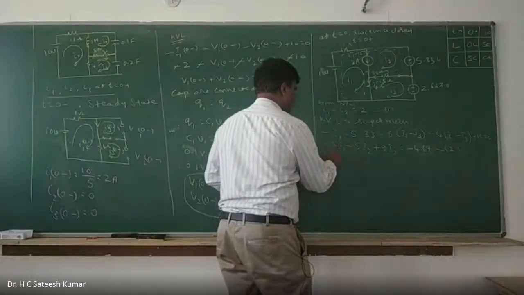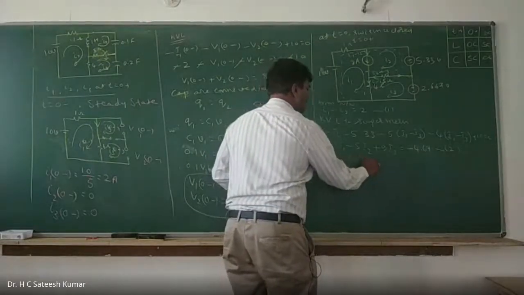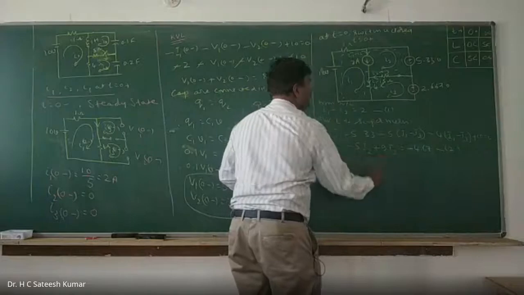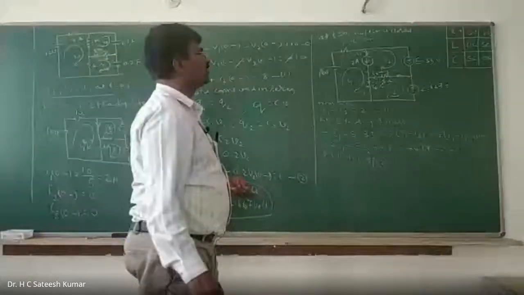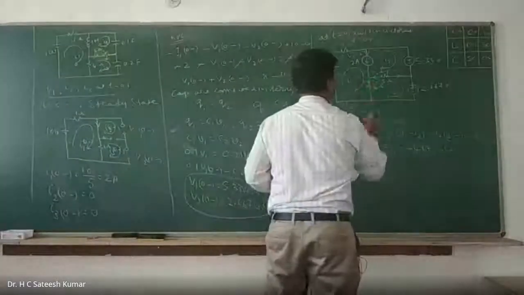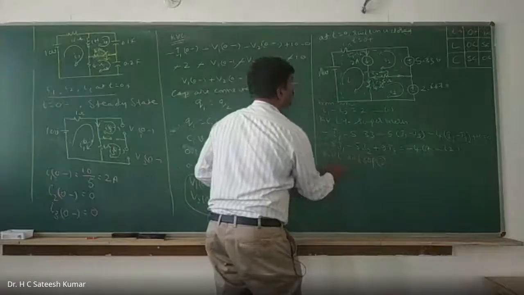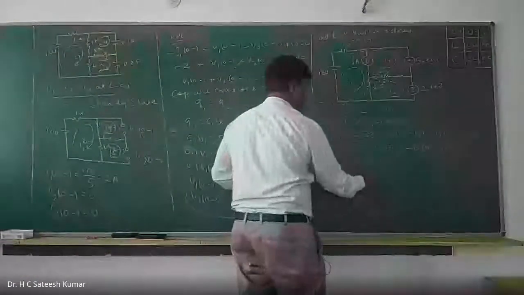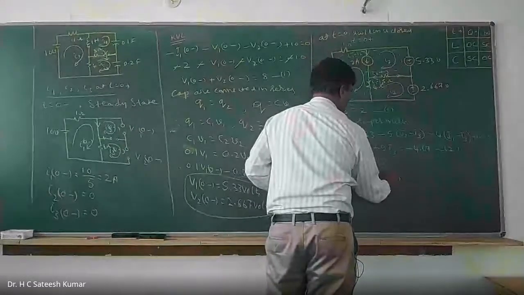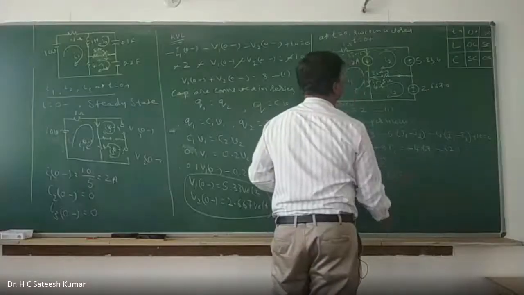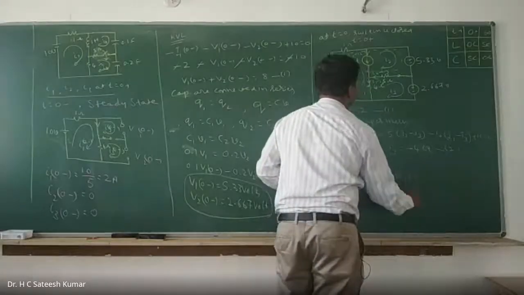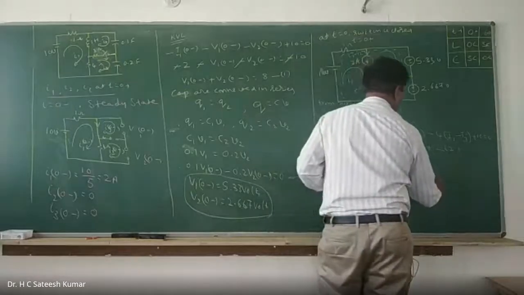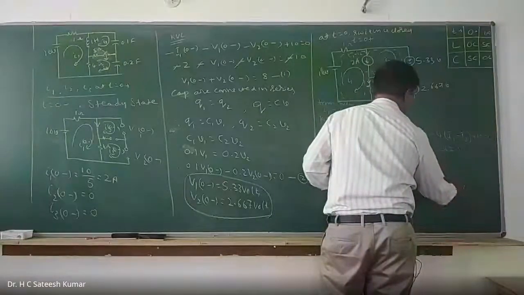Next, KVL to loop 3. Starting from this point, what will you get? 5 into (I2 minus I3), minus 2.667, plus 4 into (I1 minus I3) is equal to 0.